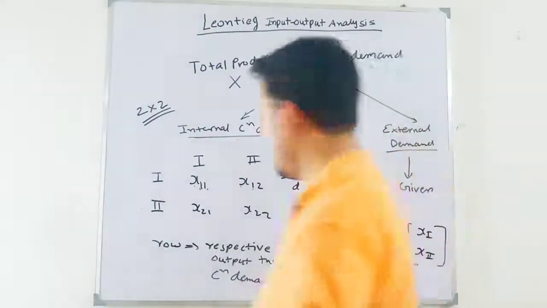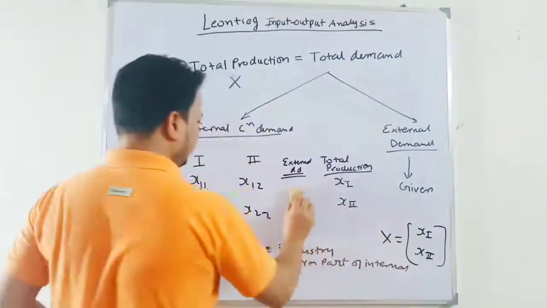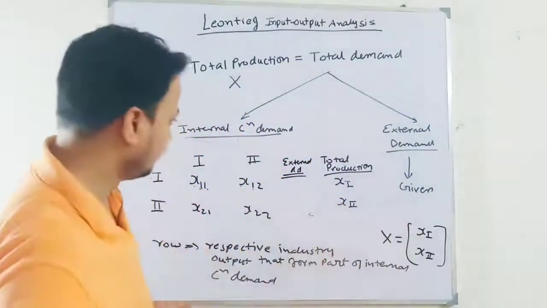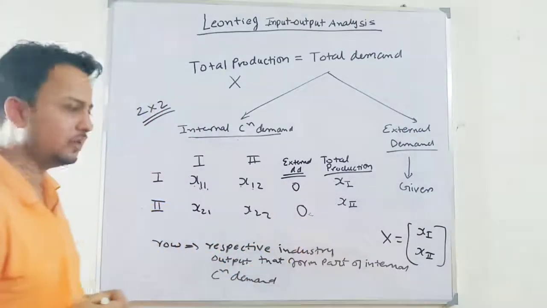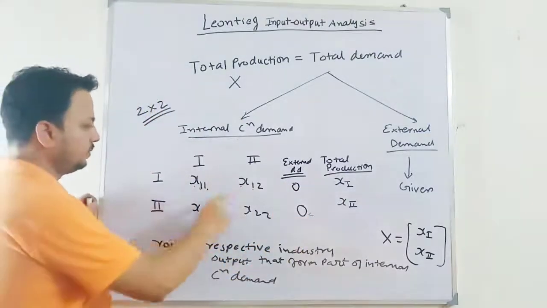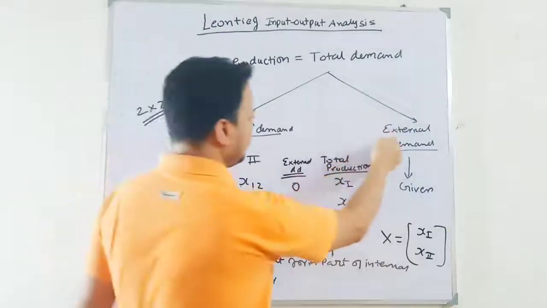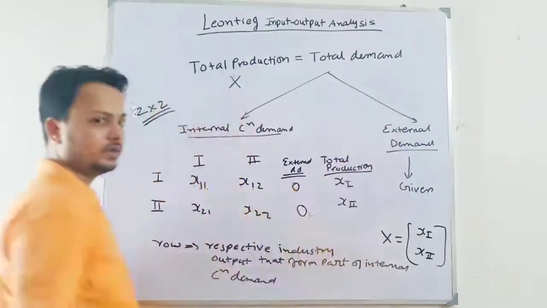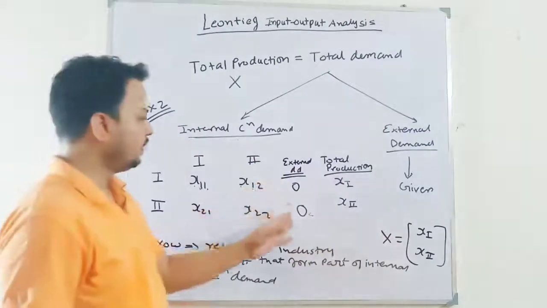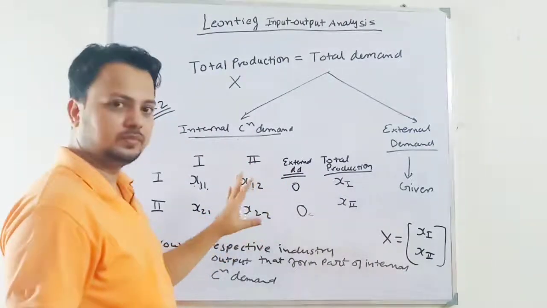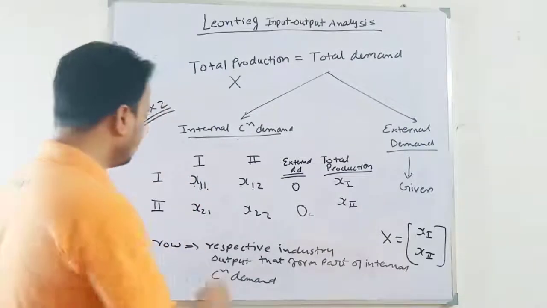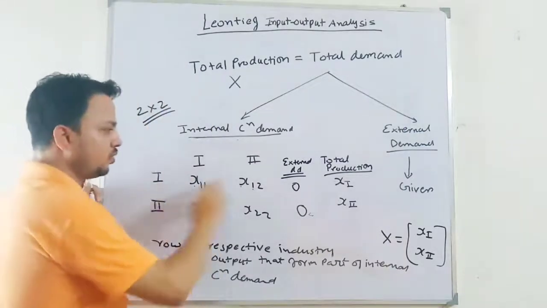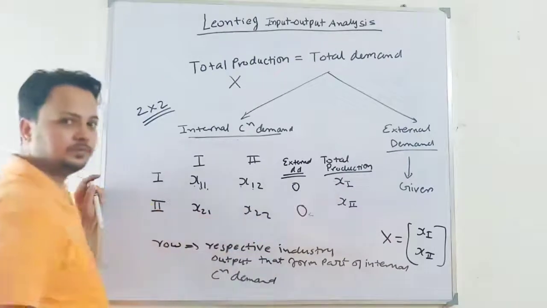And when this external demand is zero, the d term is zero. So whatever demand is being generated is only for intermediate use. Industry 1 is producing output x1.